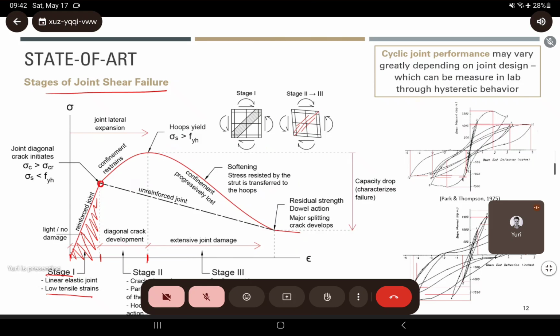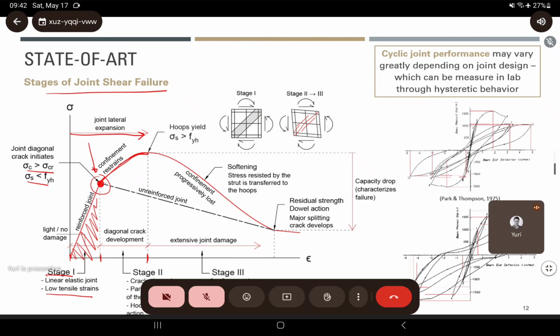This is because the concrete strut has not yet cracked, so the stress within the strut is not greater than the diagonal crack strength. Once you reach that point, the joint is expanding due to the Poisson effect, and the lateral expansion is provoking cracks.